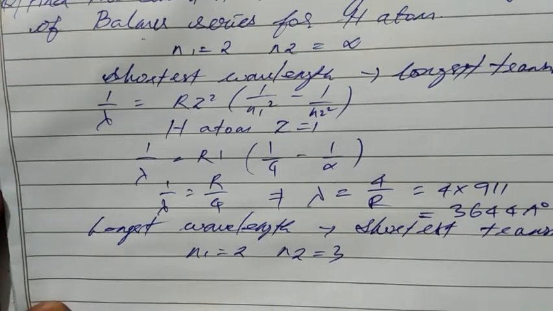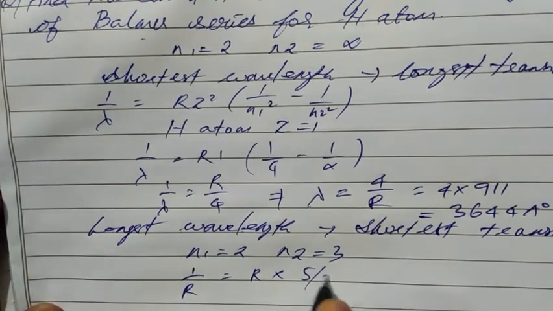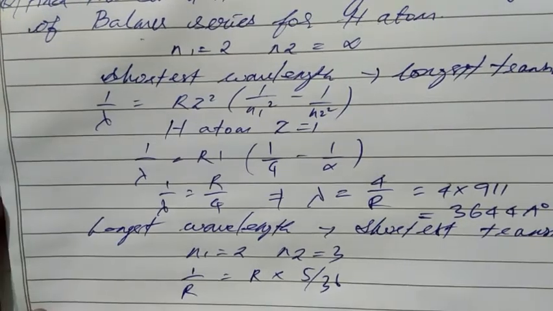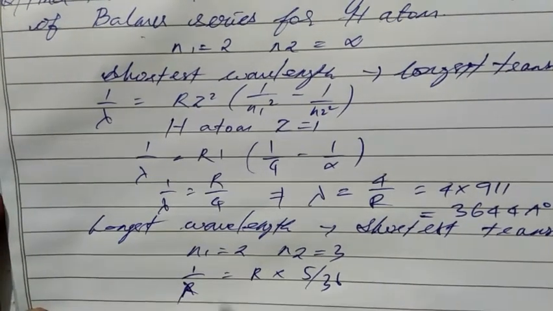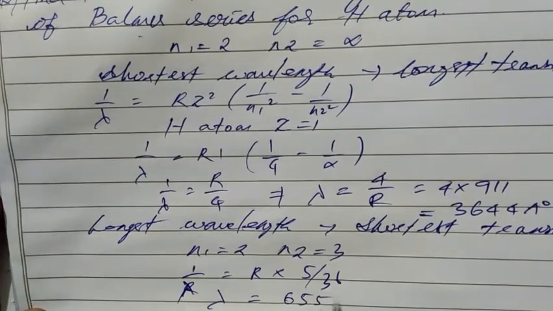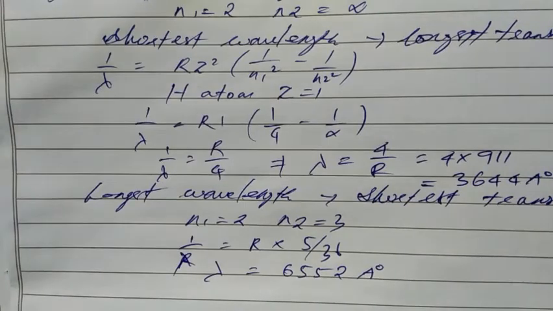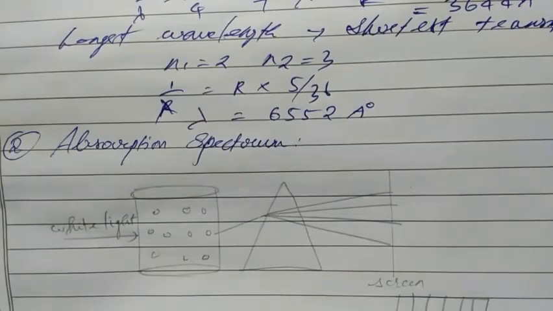By substituting the values, we have 1 by lambda equals R into 5 by 36. So the lambda value will be 6552 angstrom. Clear?